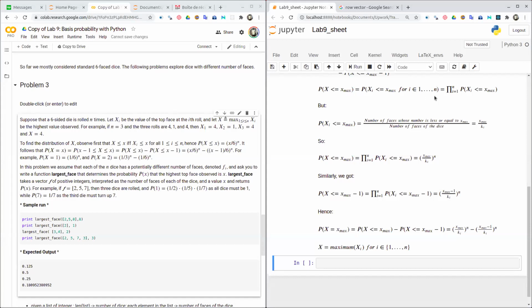Let me double check on my notebook. So, probability of the largest number face. Probability of X is smaller than our function X max, then the product of X, Y.